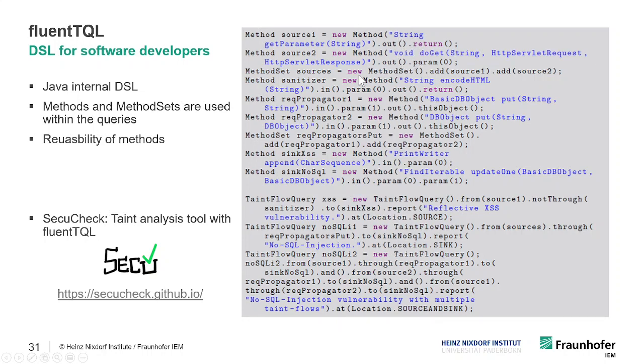Similarly, if you want to specify sinks, you can have an in, that means flowing into the method. So in this PrintWriter append method, the first parameter would be the relevant part that your analysis needs to know about, and then we can say in parameter from 0, that means the first parameter of this method.